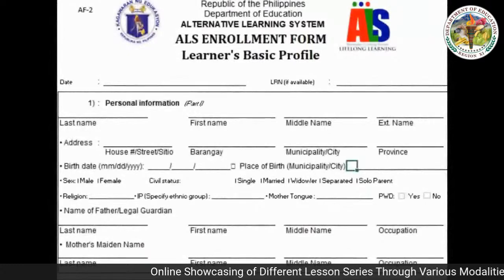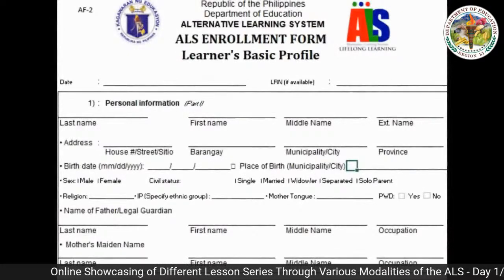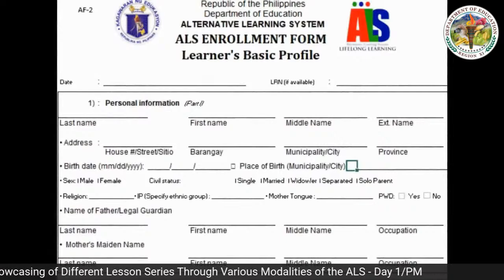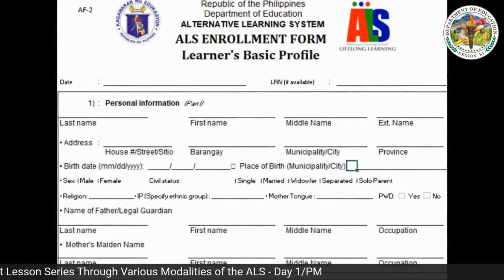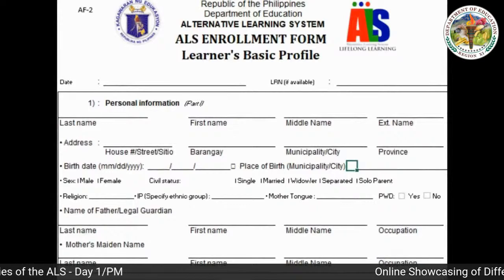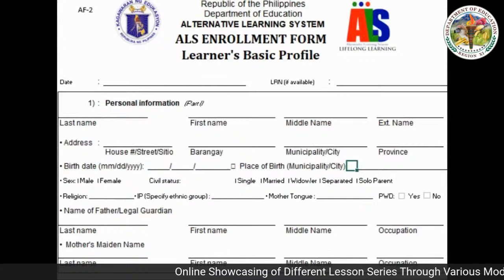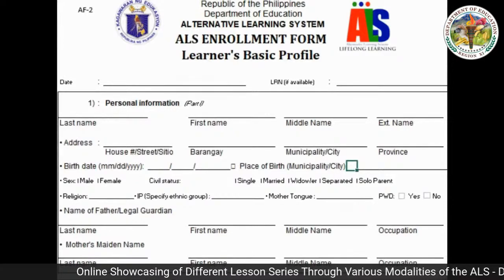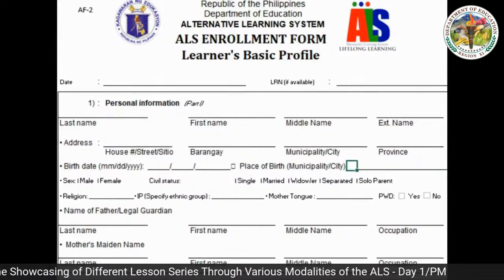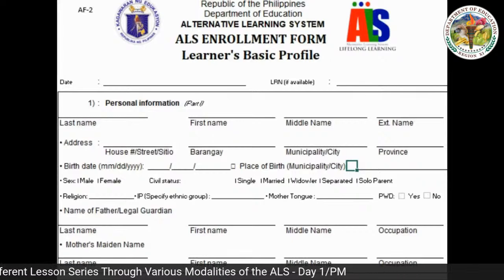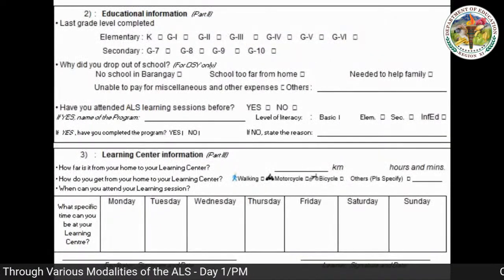ALS Form 2, or the ALS Enrollment Form, Learner's Basic Profile. This form requires personal information of the learners. The following information will serve as the basis for the implementers in filling the LIS, or Learners Information System, to be officially enrolled in the program.